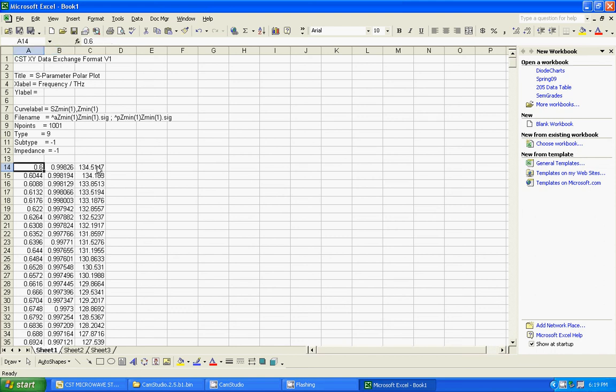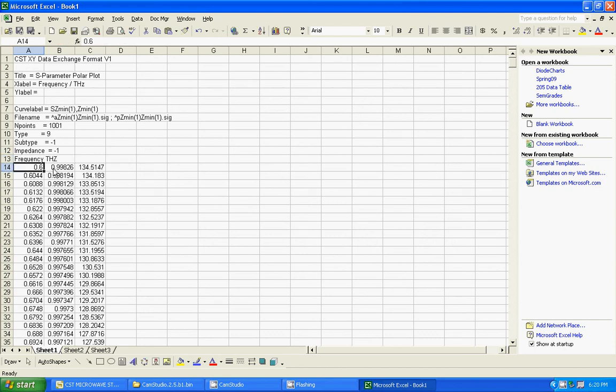So in other words, this right here is one data point series in a polar plot. Then you have a next. So you can see that S11 is really a function of frequency. This right here is frequency in terahertz. This column is S11, and this is the phase angle of S11 because it's a complex number, right?